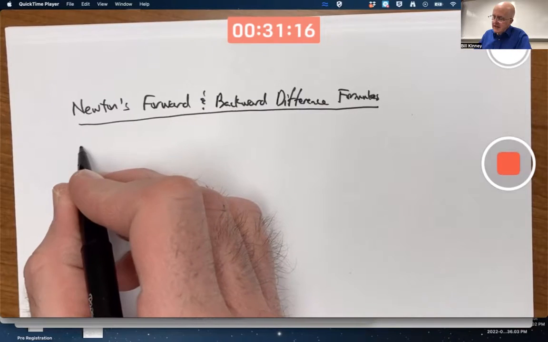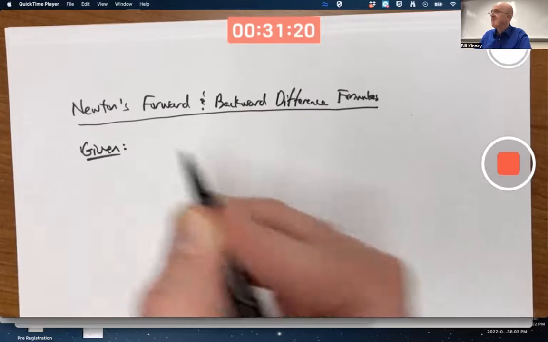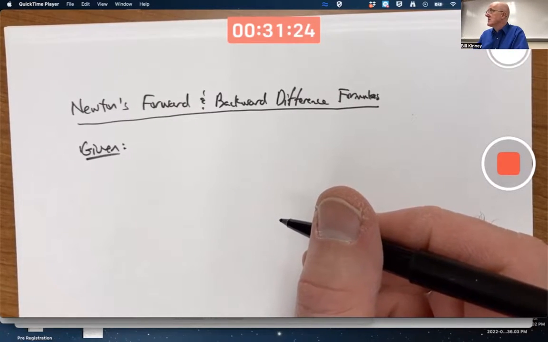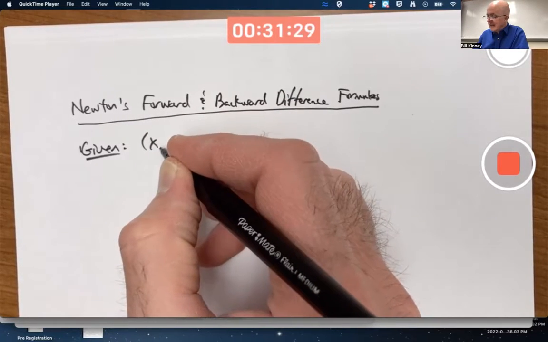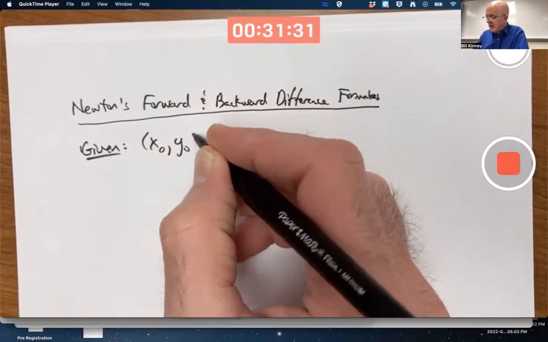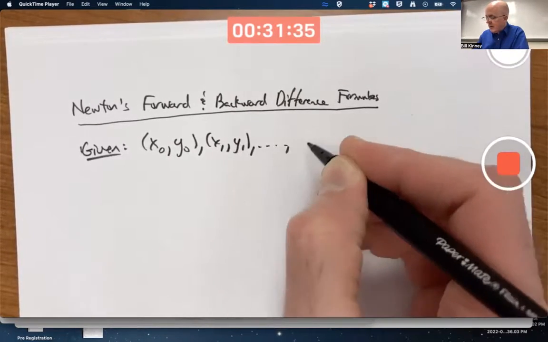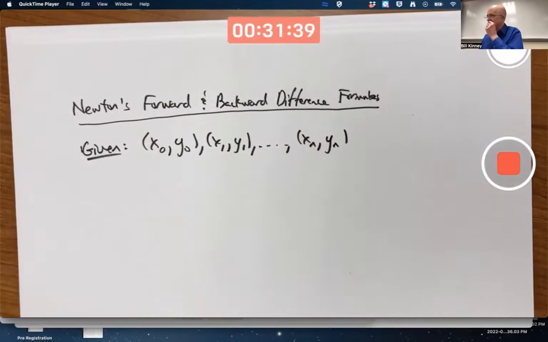So recall again that we are given, as usual, n+1 nodes, effectively n+1 data points, x0, y0, x1, y1, through xn, yn. The nodes, technically speaking, are just the x coordinates.